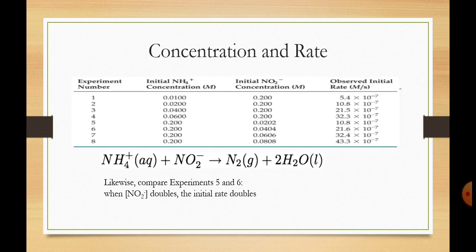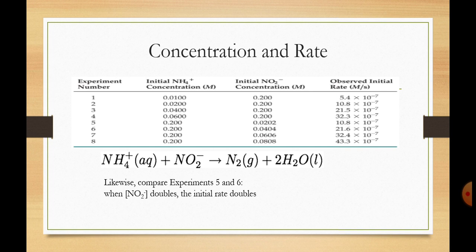Let's explain another numerical example for concentration and rates. Likewise, compare experiments 5 and 6. When we double the concentration of NO2, the initial rate will also double, and we keep the concentration of NH4 constant.